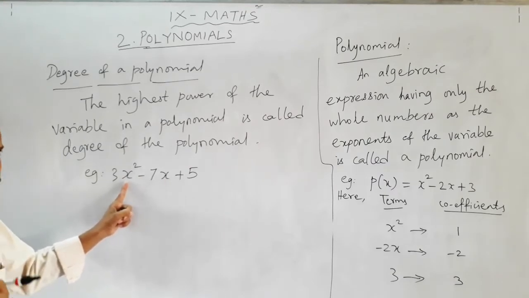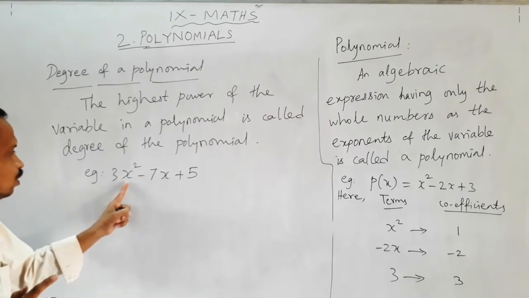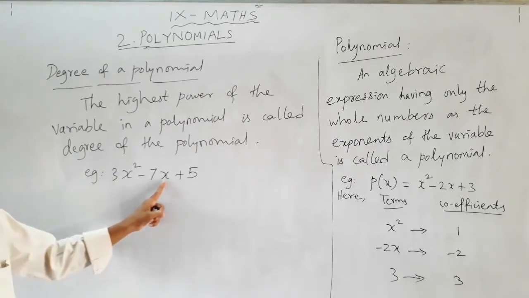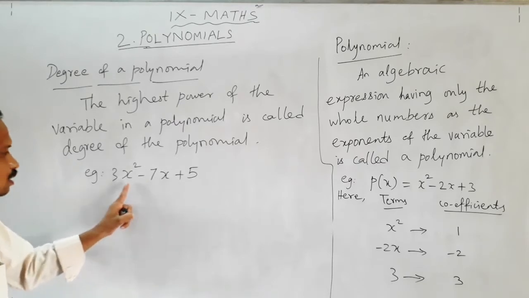Here x is the variable, only one variable is there. So which has the highest power? Here the power is 1, x power 1 is x, and here the power is the exponent 2, x square.